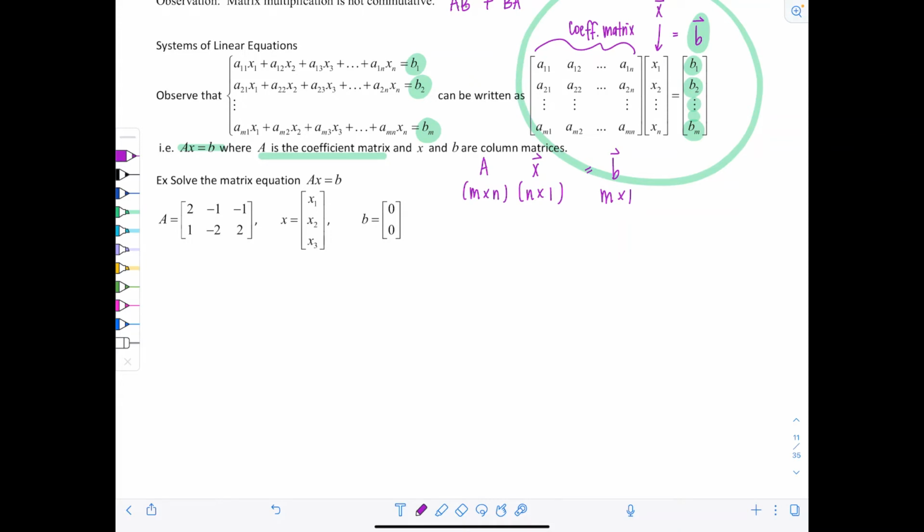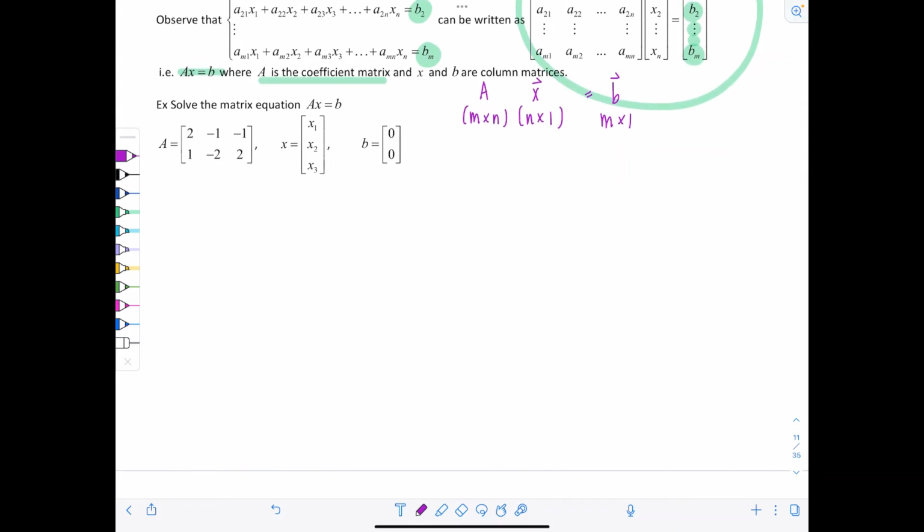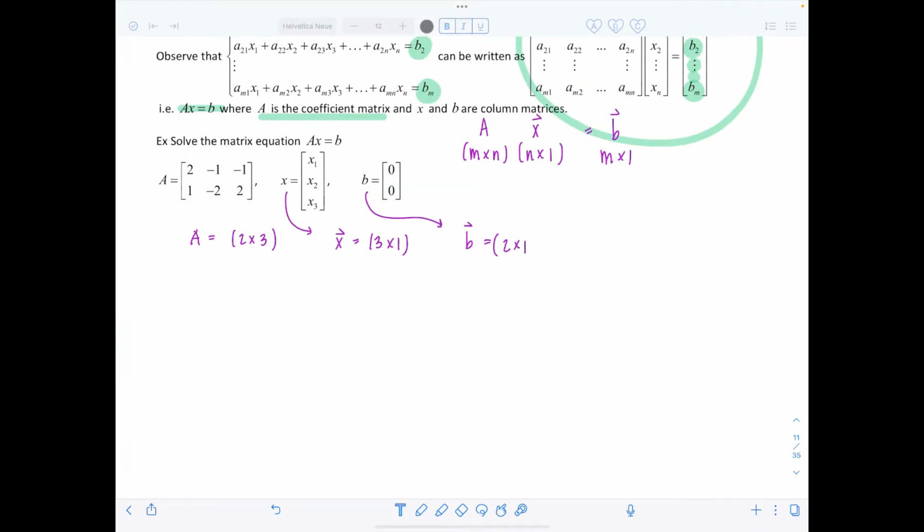So here we're going to solve this matrix equation AX equals B. Let's see, the size of A, it's 2 by 3. The size of X, that should be bold or have a vector on top. X is 3 by 1, and B is 2 by 1. Is this possible?